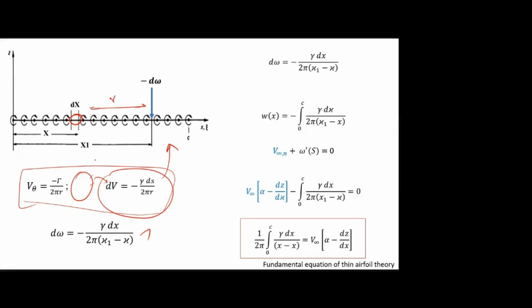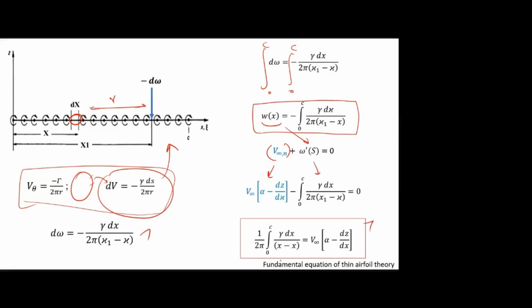Then if you want to find the velocity induced by the complete vortex sheet, you simply have to integrate it. You integrate from 0 to c. So the overall velocity is w, the integral from 0 to c of the same term. Now we found both terms, the ws term and the V infinity n term. Substitute: this is V infinity n, this is the ws term.